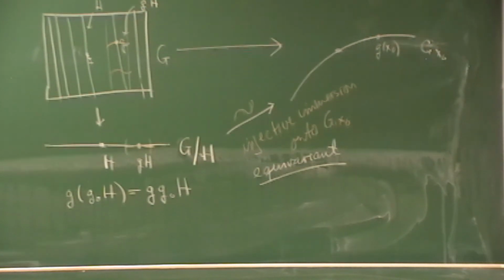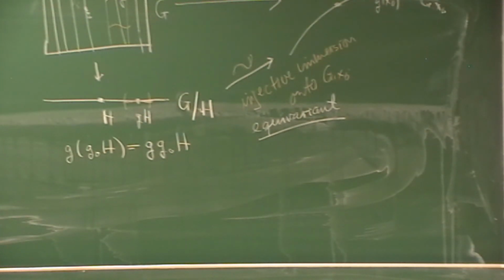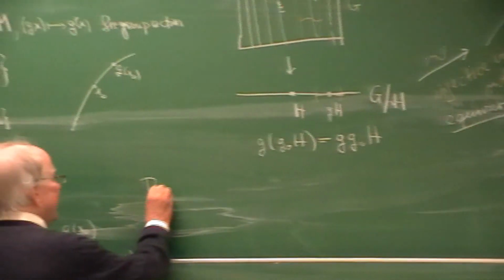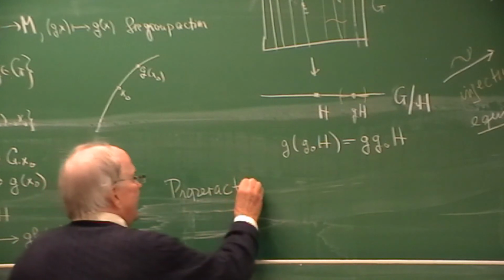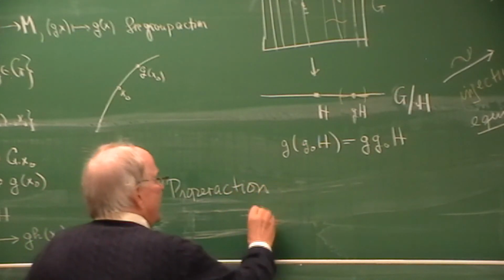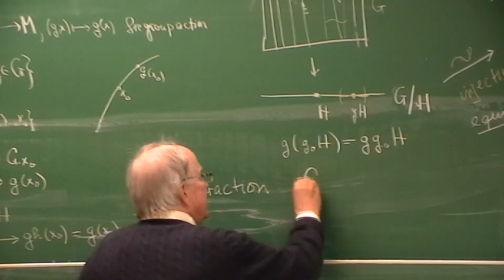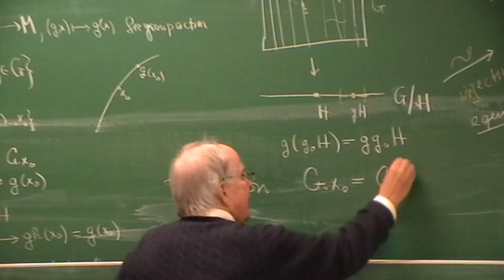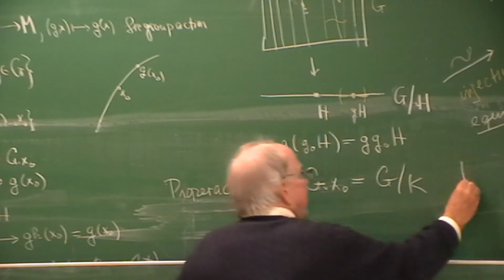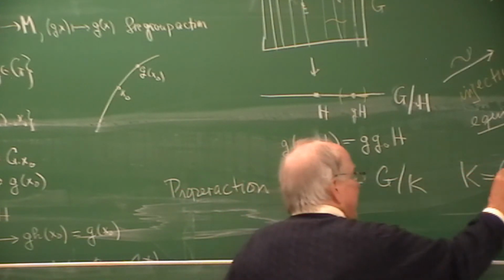If the action is proper, it means that the orbits are equal to G mod K, where K is the isotropy, is compact.